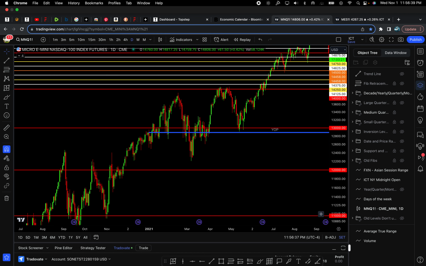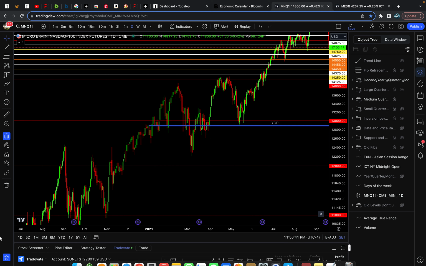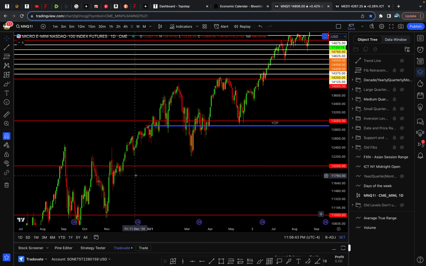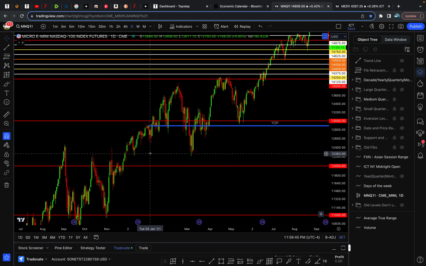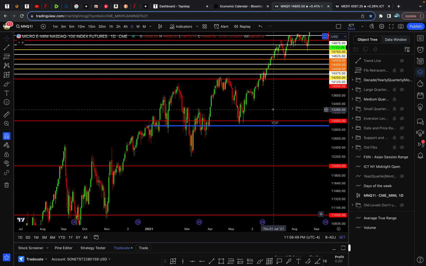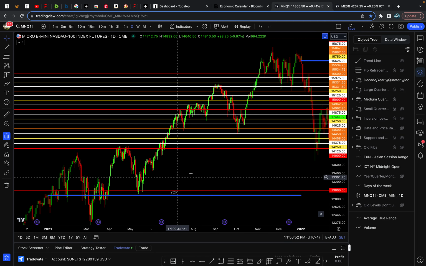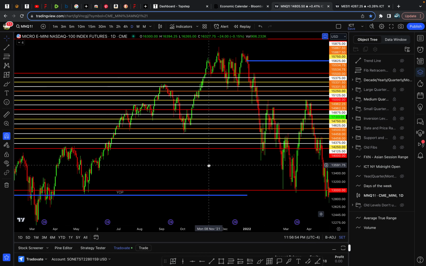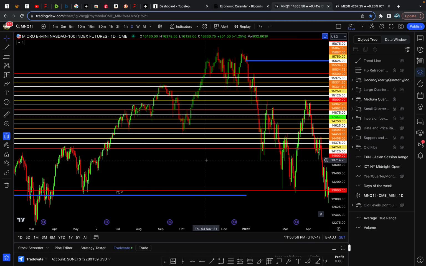There is definitely something to the idea of retail traders trading double tops and selling, and then whatever institutions come over and take that liquidity. That does happen a lot, I would say more on the smaller time frames.